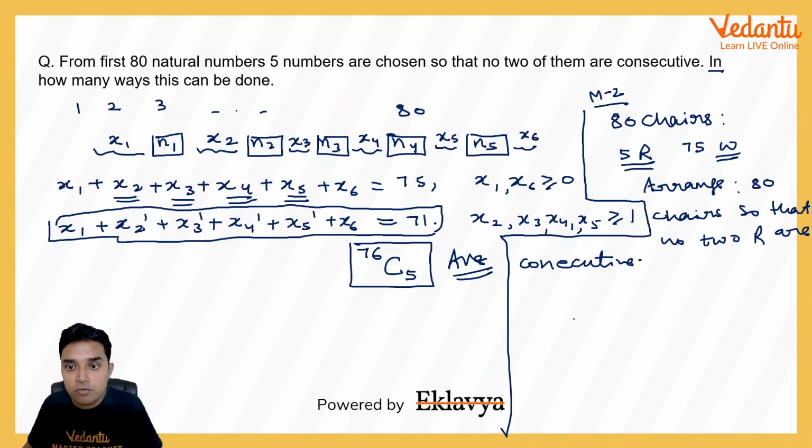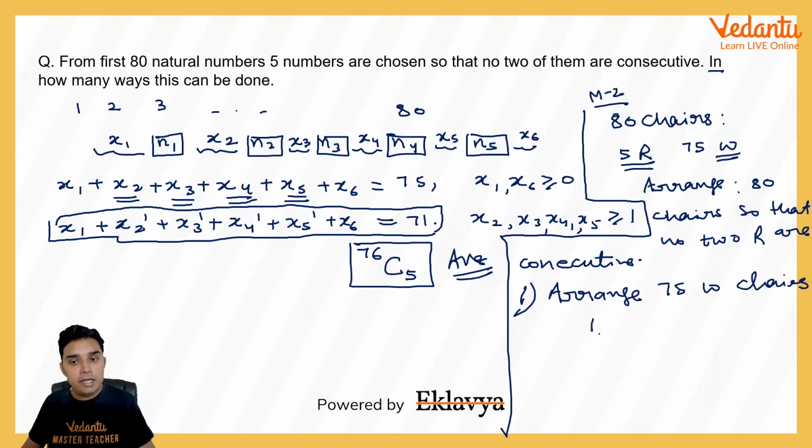So in such questions, what we do, we first arrange white chairs, and that will be done in one way only, because all the white chairs are identical. Arrange 75 white chairs, W means white chairs, in one way, and then between these 75 chairs and sideways there will be total 76 gaps.